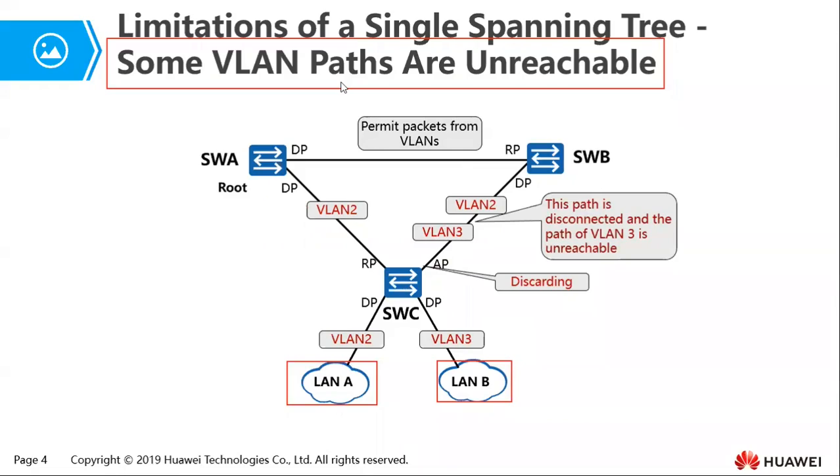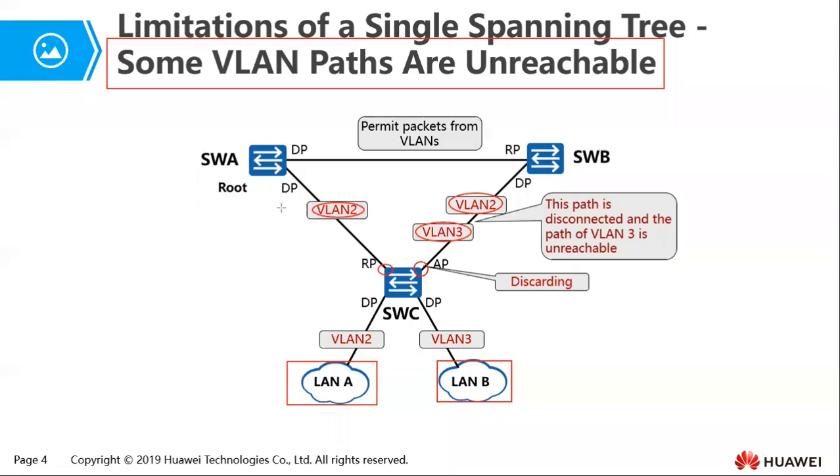Now, the other thing we need to do on these interfaces, which are called uplink interfaces, is that between switch A and switch C and between switch C and switch B, we have to allow VLANs to pass through. For example, between switch A and switch C, we've allowed VLAN 2. Between switch C and switch B, we've allowed VLAN 3 and VLAN 2.